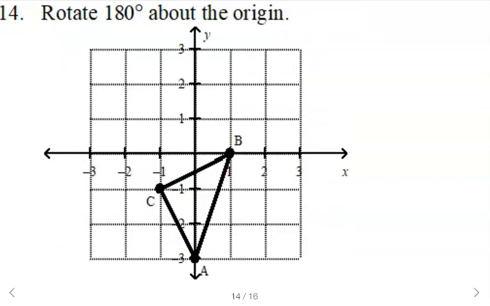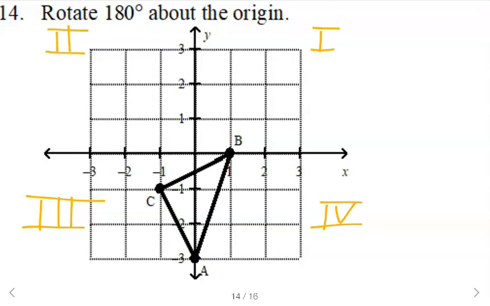We're rotating 180 degrees about the origin, so right now this triangle's in quadrants 3 and 4 as well as the positive x-axis. So when we rotate these, we'll be in 1 and 2.